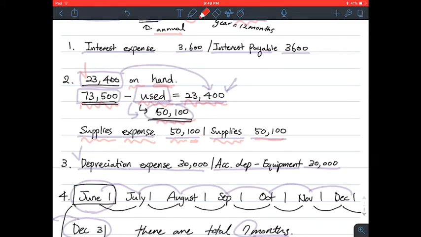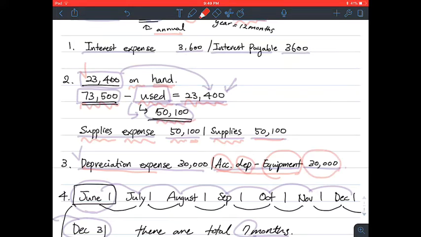So it says 3 months. Oh, not 3 months. It says $30,000 of depreciation expense has occurred. So we just simply write depreciation expense on the debit side, and we accumulate it on an account called accumulated depreciation equipment, 30,000.